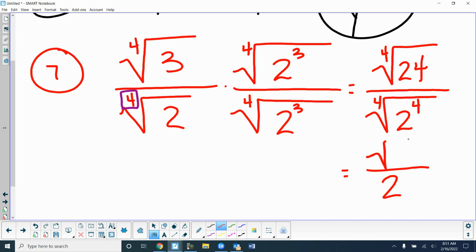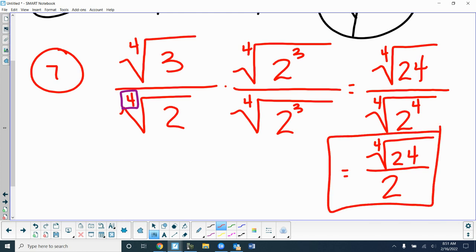And I can't simplify that. There's no group of 4 of a number in there. So our answer is the 4th root of 24 over 2. We got rid of that radical, or 4th root, in the denominator. We rationalized our denominator. Okay?